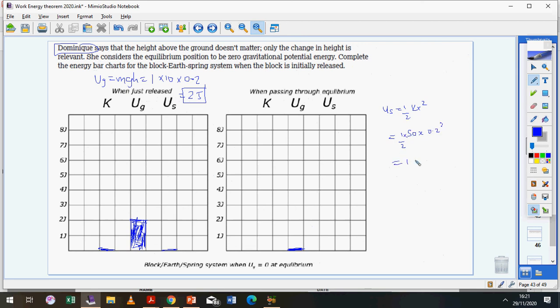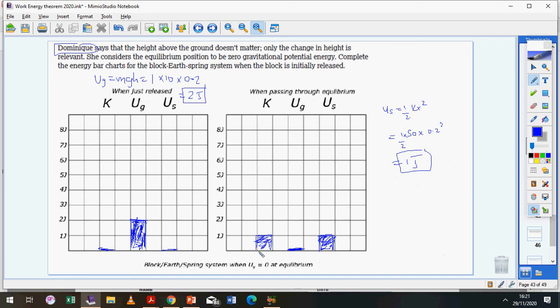So elastic potential energy is 1 joule. And since the only other form of energy in this system is kinetic energy, and the total energy has to be 2 joules, that tells us that the kinetic energy must also be 1 joule, right? 1 joule.